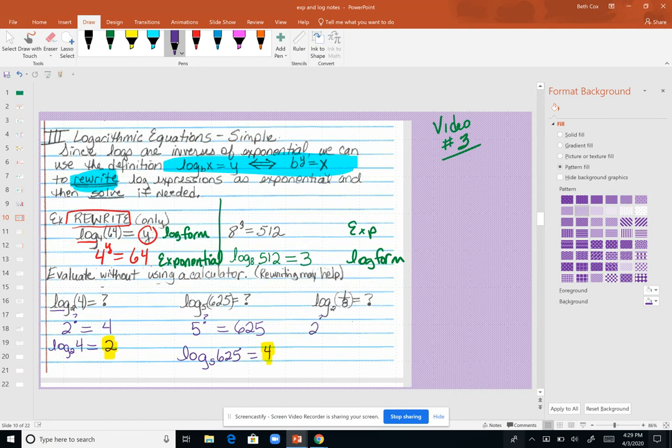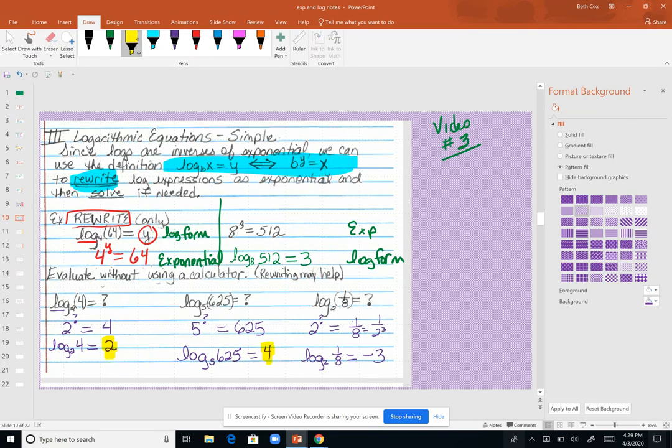So 2 to what exponent is going to give me 1 over 8? All right, we have to remember that 1 over 8 is 1 over 2 to the third. Okay, so it's going to be a negative 3. So this is going to be log base 2 of 1/8 is negative 3. Okay, and that's the answer there.